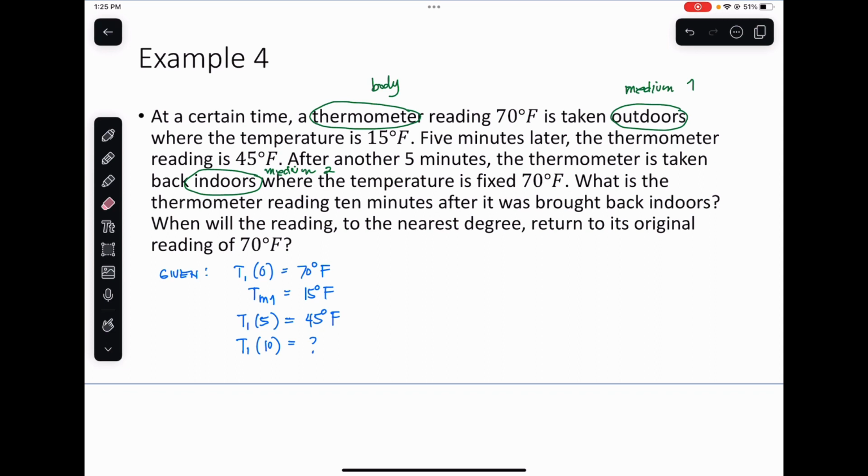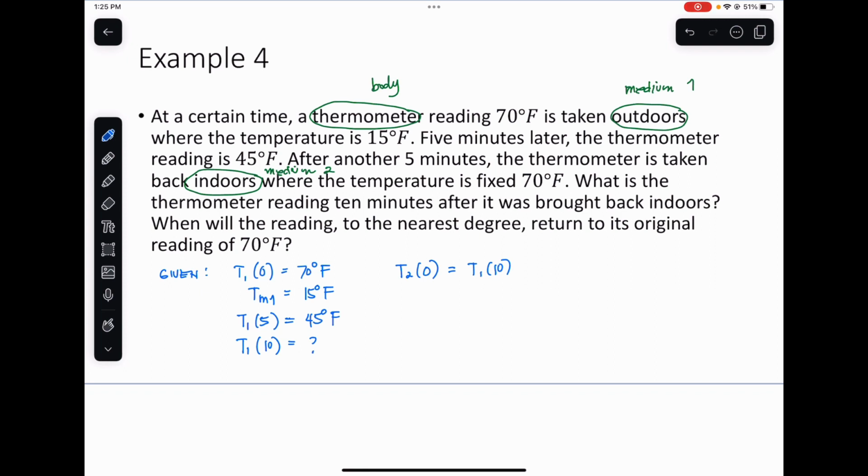For the second medium, when it was taken back indoors, what would be the initial temperature? Actually, when it was taken back indoors, the temperature is the temperature after 10 minutes, because after 10 minutes it was taken back indoors.